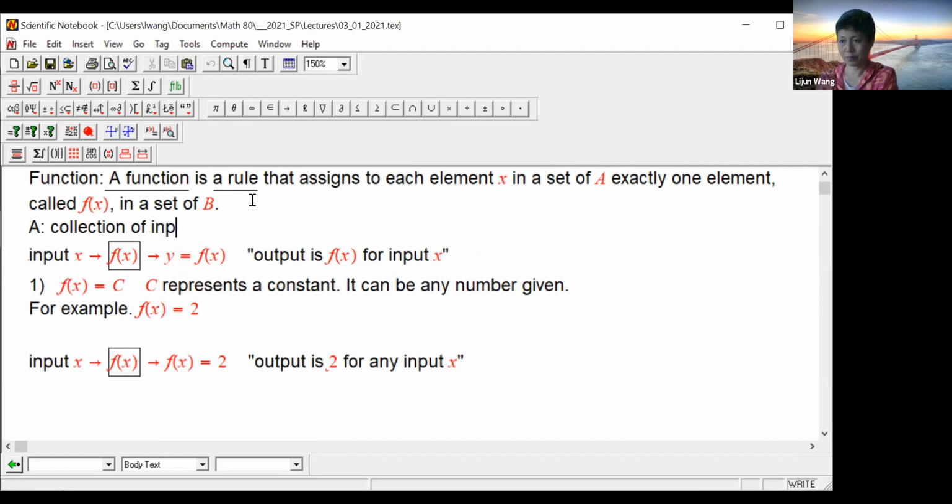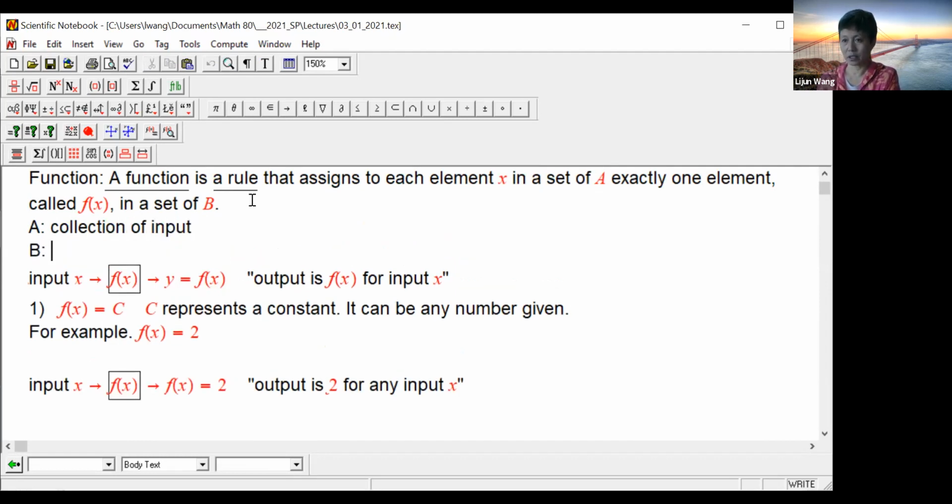But in mathematics, we're most interested in all the possible input. Once a rule is determined, we want to know what numbers this rule can apply to, and we want the collection of all of those numbers for which the rule can apply.